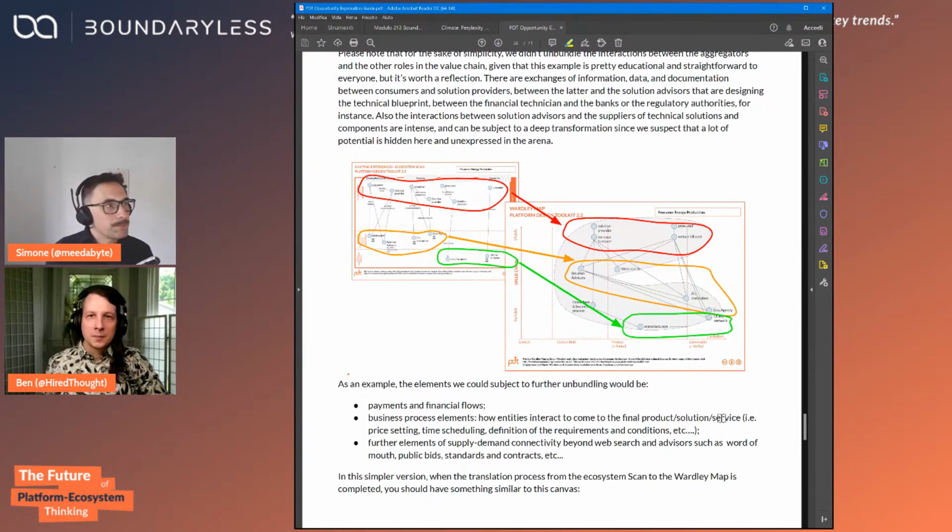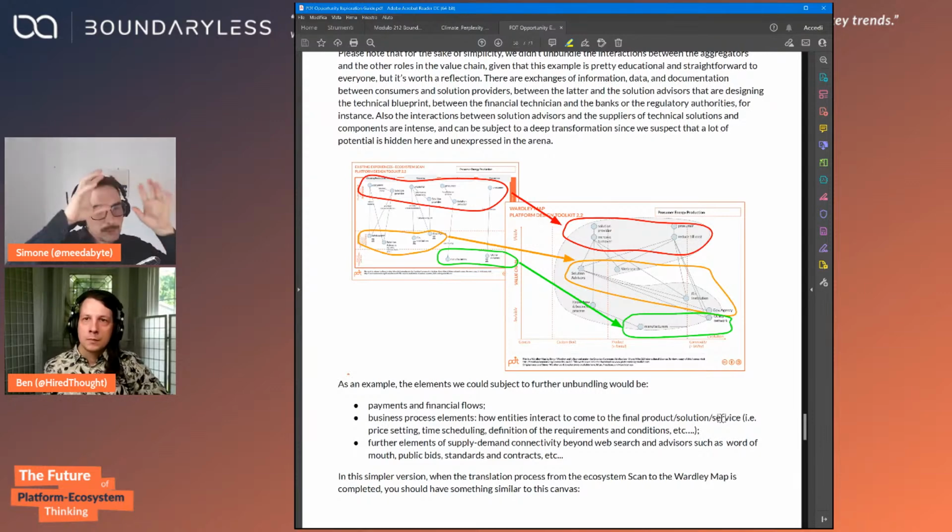People can pass through this step or even go directly to the Wardley map. But in our experience, ecosystems are very complex, so you have to break them down into arenas, smaller pieces, and these pieces are scanned according to this practice. Then you move the pieces you generate into the Wardley map.